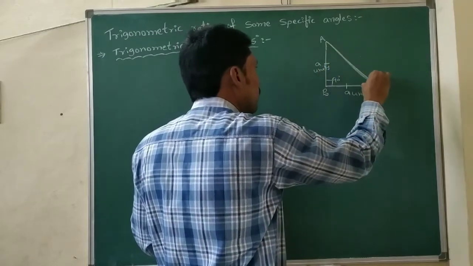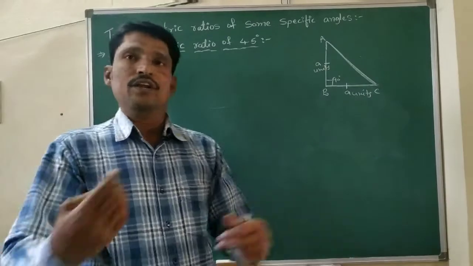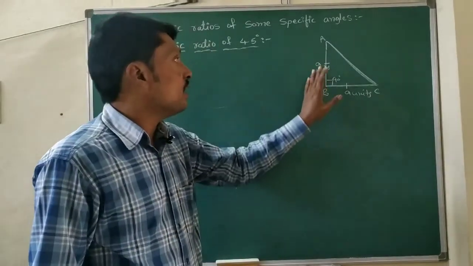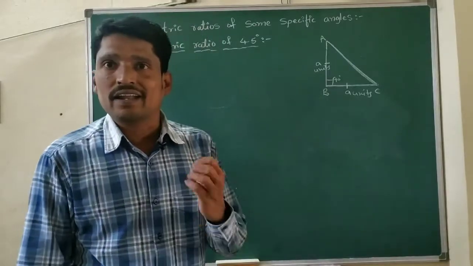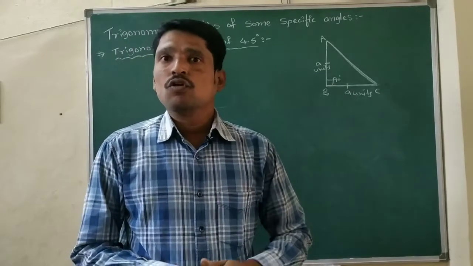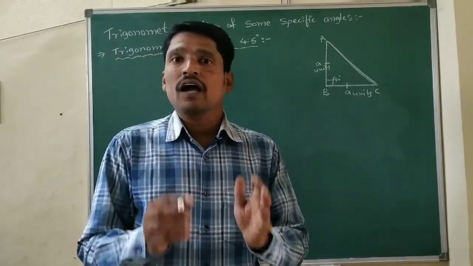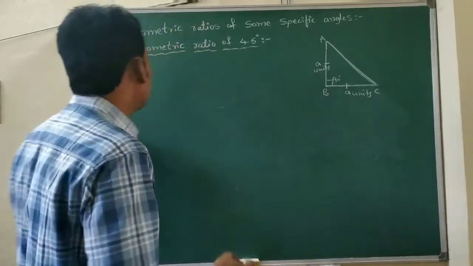So here we don't know the hypotenuse, so we need to find it. How do we find the hypotenuse? Here ABC is a right triangle, so we need to use the Pythagoras theorem. What is the Pythagoras theorem? Hypotenuse square equals side square plus side square.